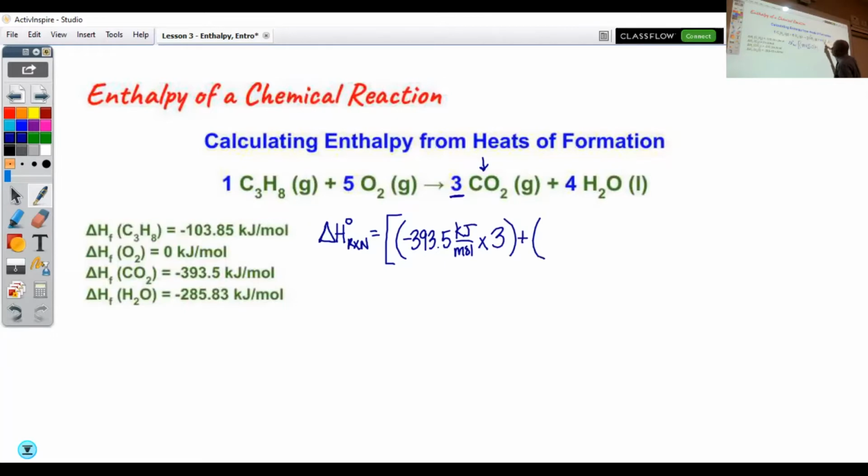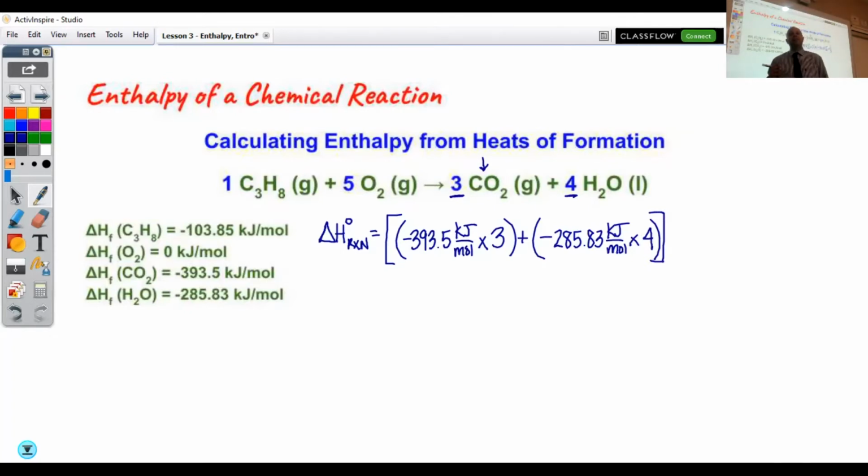Next, we're going to find the value for water. The value for water over here is negative 285.83 kilojoules per mole. We're going to multiply it by its coefficient from the balanced equation, which is 4. We're going to close the brackets because we only have 2 products and we found the values for both of them.